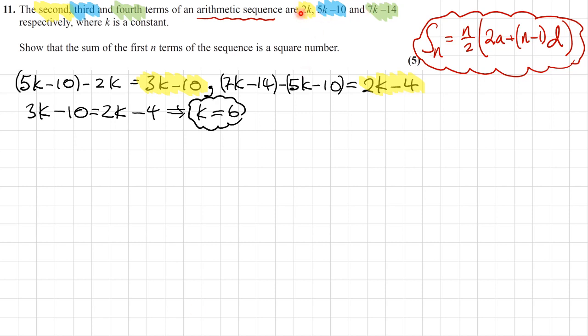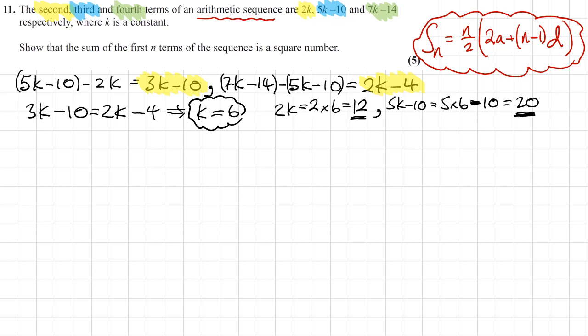I can now work out what these terms are. So the first term is 2k, which is 2 times 6, which is 12. The second term is 5k minus 10. That's 5 times 6 minus 10, and that is 20.